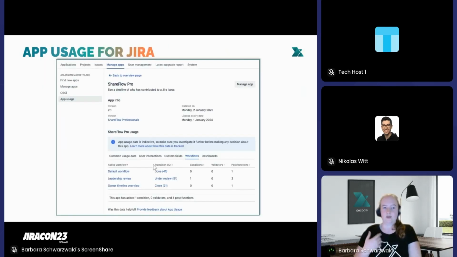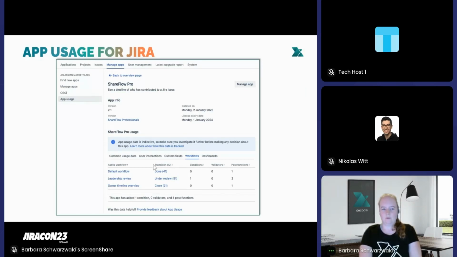And another tool provided by Atlassian themselves a few months ago is the app usage for Jira. That's a new one. You can find it on the marketplace. It's not built in like the macro usage, but it's free by Atlassian.